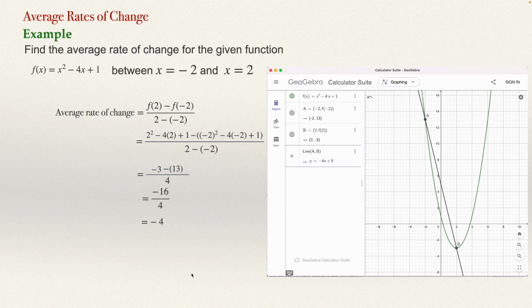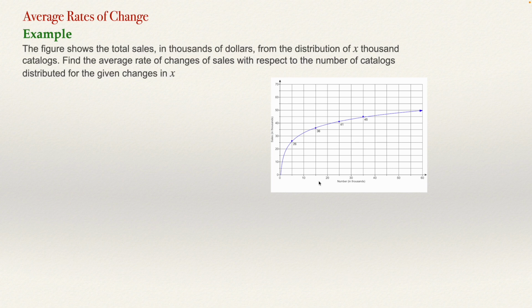Let's see another example. Now we have a figure, and this figure shows the total sales in thousands of dollars from the distribution of x thousand catalogs. So this number 10 here, for example, is 10,000 catalogs, this is 20,000 catalogs, this is 30,000 catalogs, etc. And for each value, we have the sale.